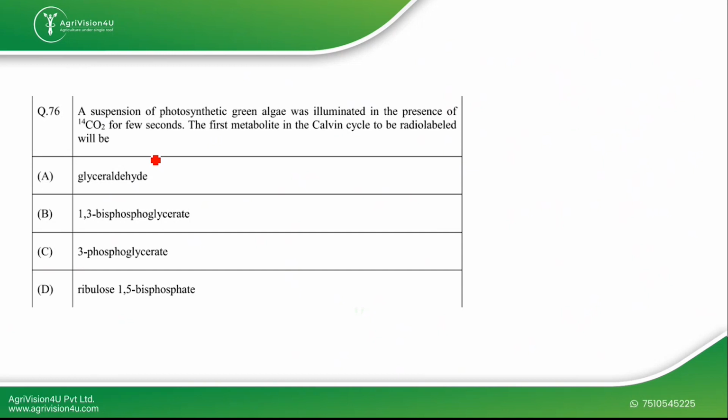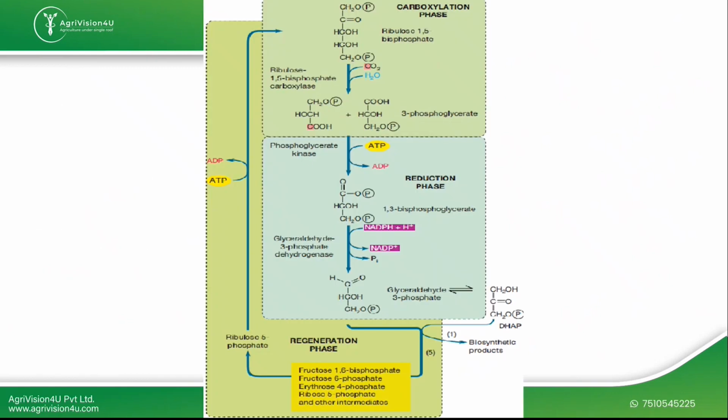The next question is, a suspension of photosynthetic green algae was illuminated in the presence of CO2 for a few seconds. The first metabolite in the Calvin cycle to be radio-labeled is? For this, we should know what the Calvin cycle is. The Calvin cycle takes place in three basic phases: the first is the carboxylation phase, second is reduction, third is regeneration.